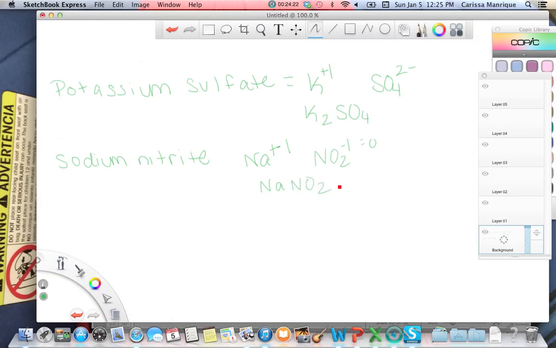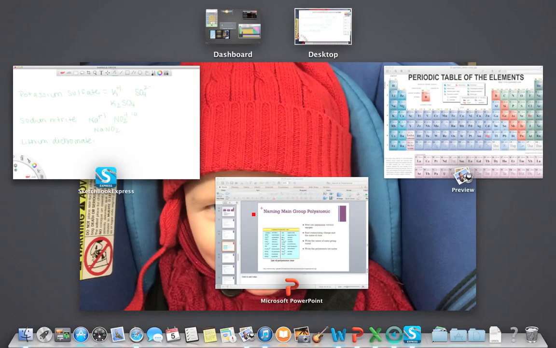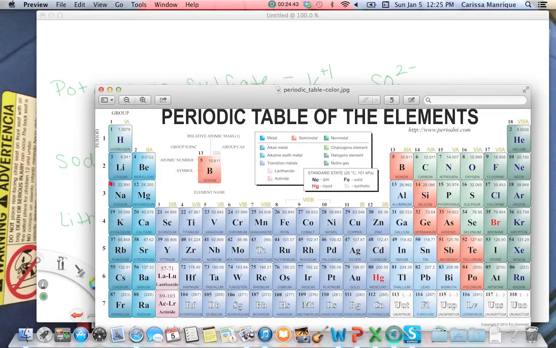Let's do one more example. Let's do lithium dichromate. Okay? So lithium is right here, group 1, so it'll be a +1 charge.